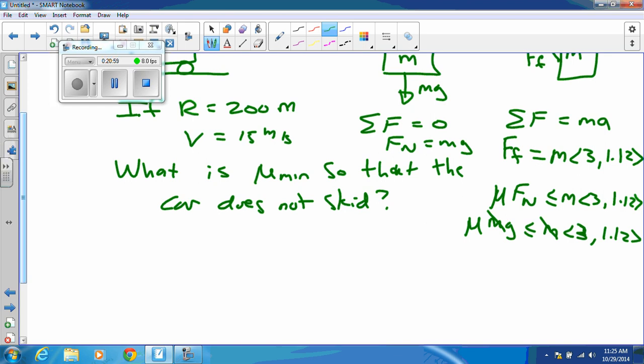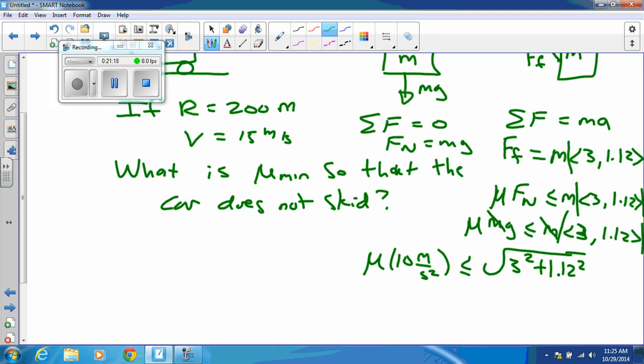Well, how do I interpret this? Let's do it in terms of magnitudes. I think you were right, James, that we would have magnitudes here. And that's going to be mu times g has to be less than or equal to the square root of 3 squared plus 1.12 squared.